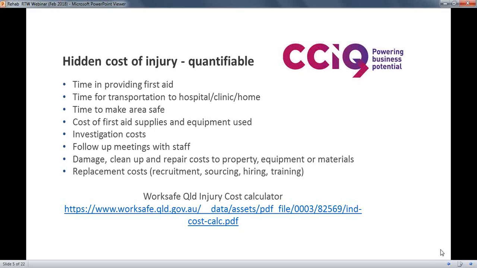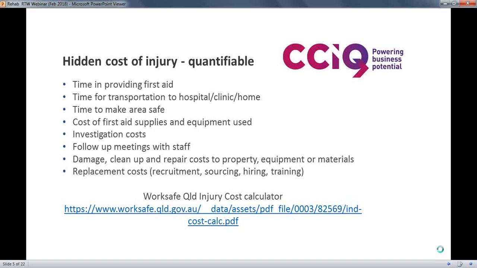So these are the quantifiable productivity costs. General insurance matters such as property and equipment are not covered by the calculator or any common law claims.